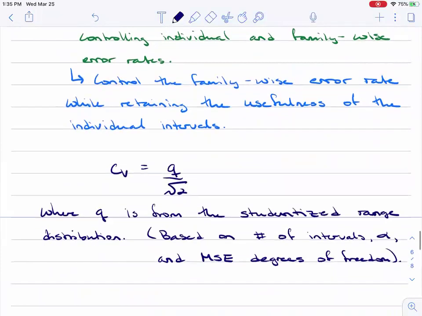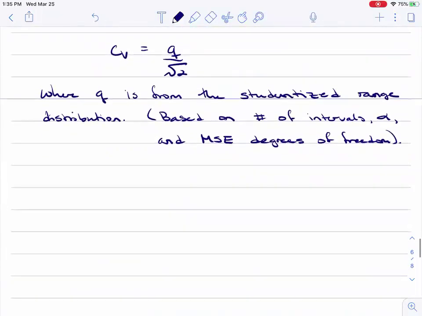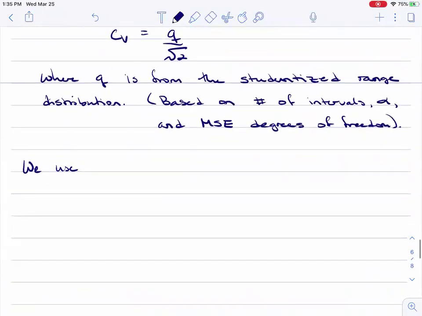And like I said, we use software for all these calculations, of course, always.